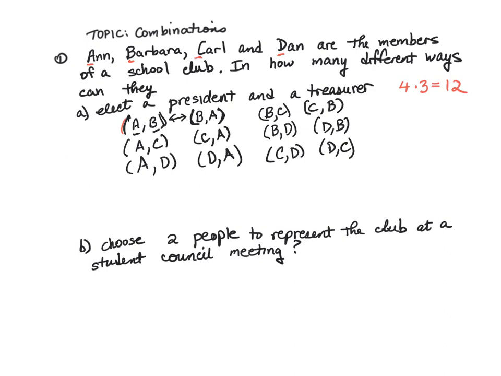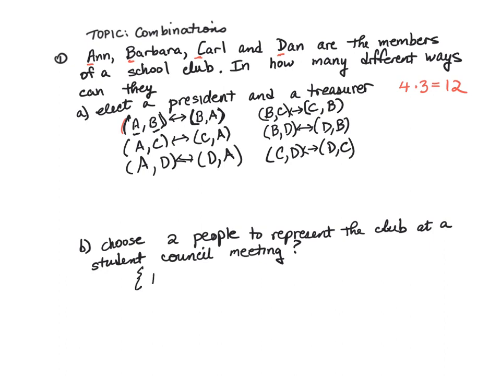Similarly, we could match up all these duplicates. AC, sending Anne and Carl, is the same as sending Carl and Anne. And AD and DA, BC and CB, BD and DB, and CD and DC. So we see here that the possibilities, because order does not matter, we'll put them in set builder notation.